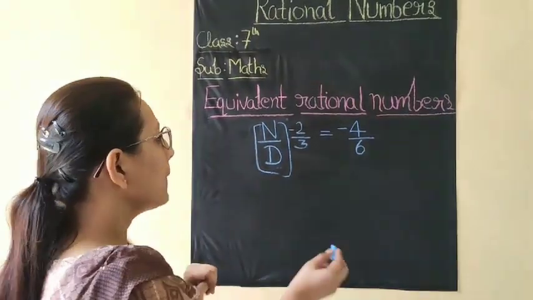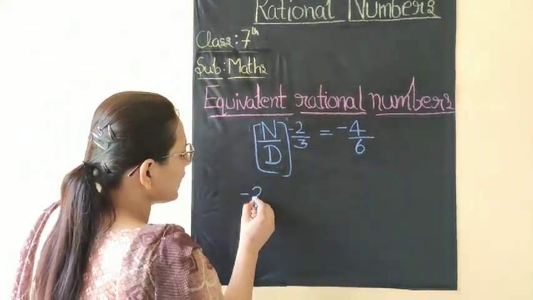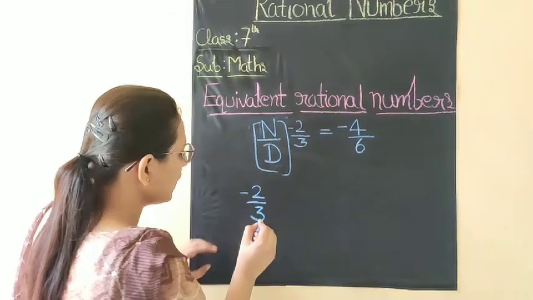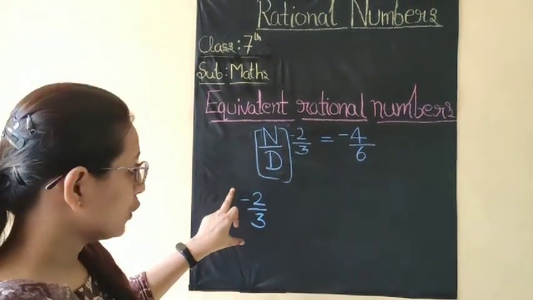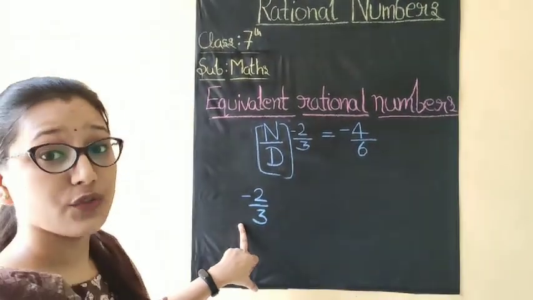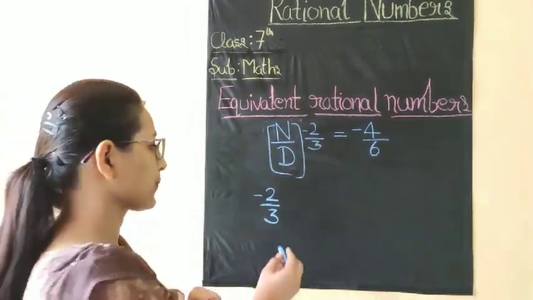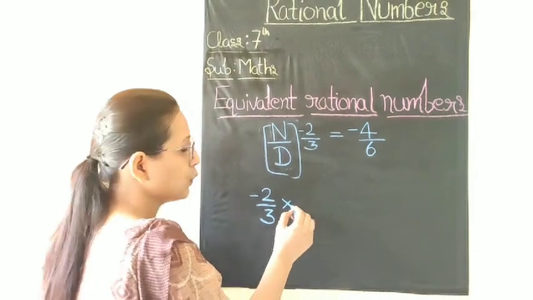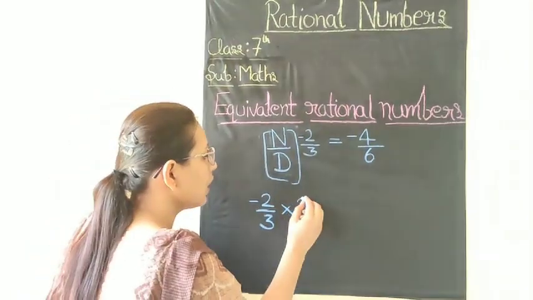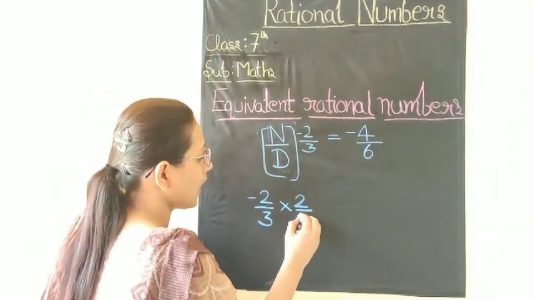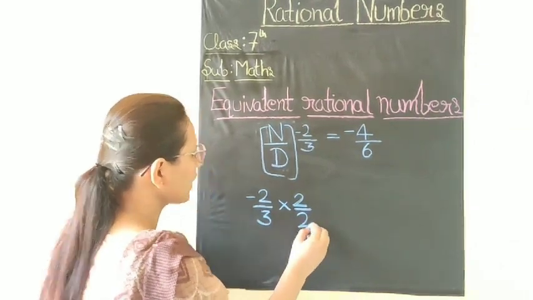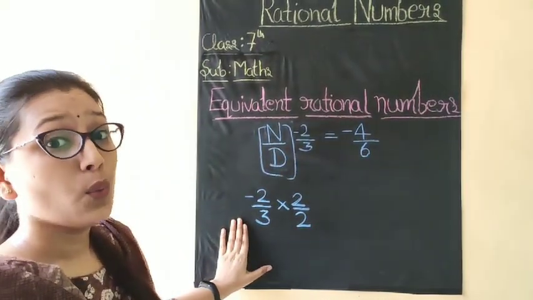So, minus 2/3. Let us multiply both numerator and denominator with the same non-zero integer, and I am taking 2 for multiplying with numerator and denominator. And then what do we obtain?